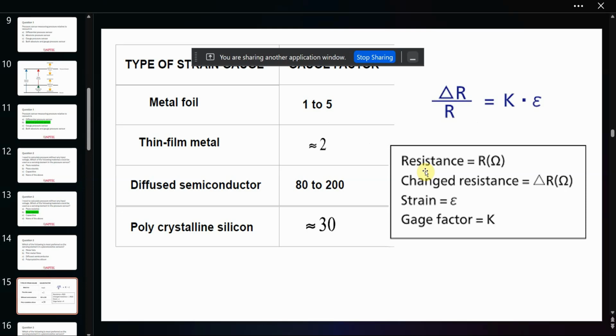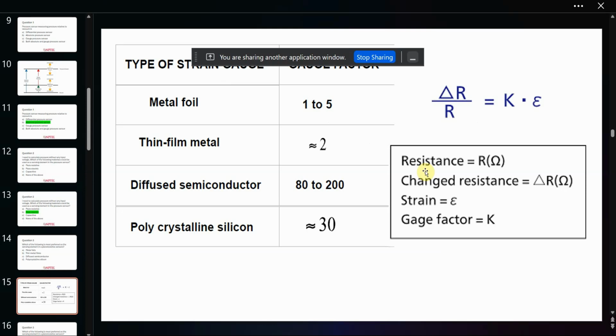So basically you want to measure a change in the resistance. If you use a material with a very high gauge factor, even if you have very little strain, you will see a very high change in resistance. That helps in measuring the signal in a better manner.